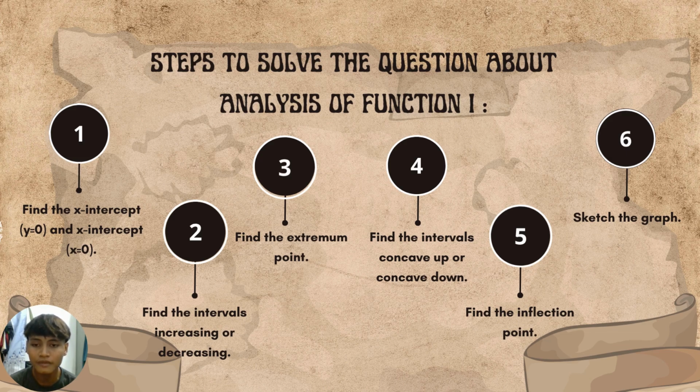The second step is to find the intervals, increasing or decreasing. The third step is to find the extremum point. The fourth is to find the intervals, concave up or concave down. The next step is to find the inflection point. And the final step is to sketch the graph.